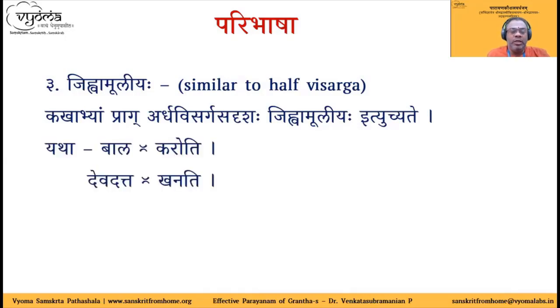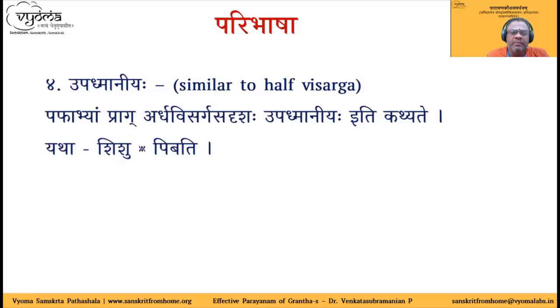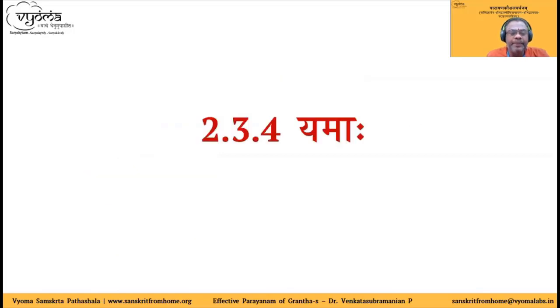Balah karoti, devadattah khanati, ramah karoti, ramah khanati. Upadmaniya is also similar to a half visarga, but it should be in front of pa or pha. Shishuh pibati, vrikshah phalati, ramah patati, taruh phalati.